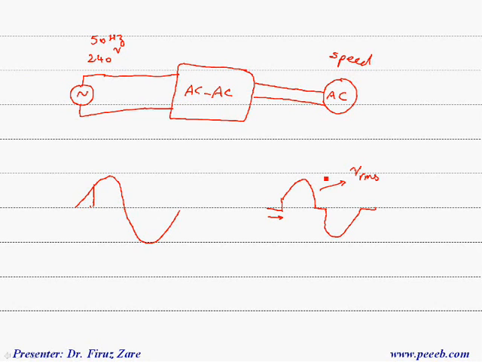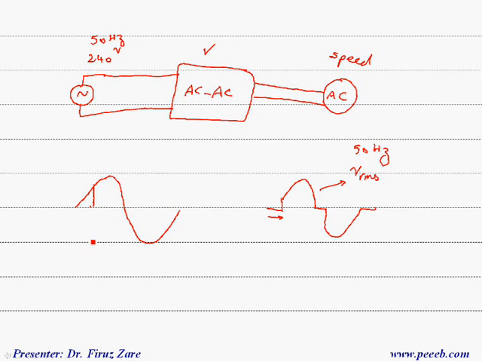So we can control the RMS and magnitude of output voltage, but the frequency is constant. Still the frequency is 50 Hertz. This type of motor drive is very simple and cheap, but it is not suitable for a high power AC drive system.